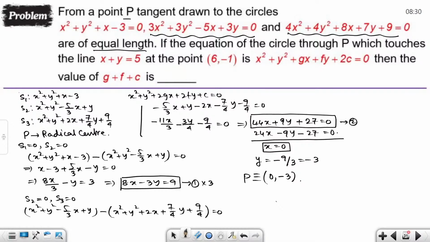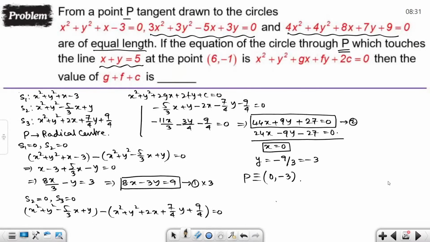Now see what they have said in the second part of this question. If the equation of the circle passes through P and which touches the line x plus y equals to 5, let me just write it here. The circle which is passing through point P, 0, minus 3. So the circles which are passing through the point 6, minus 1 and tangent to this line x plus y equals to 5.